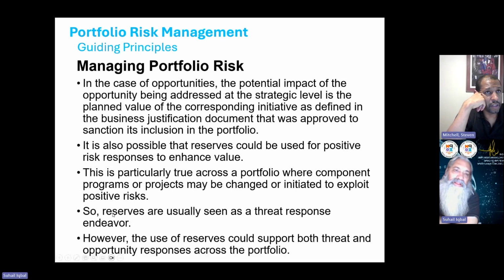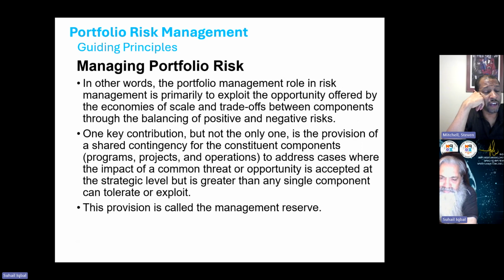But the portfolio itself does not have a contingency cost because it's not funded. The components are funded, but the portfolio is not funded. Actually, the portfolio is responsible for organizing the funding for all its components. Correct.